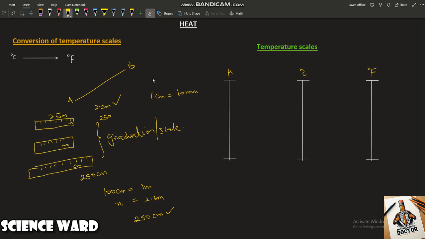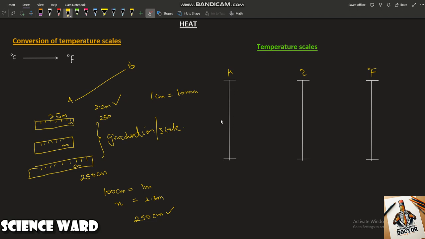So the scale helps us obtain the value in different units. The unit could be higher, or the unit could be lower. When we are talking about temperature scale, we're talking about the units in which we obtain our value.